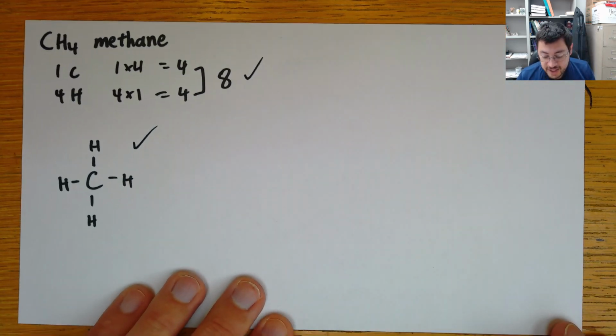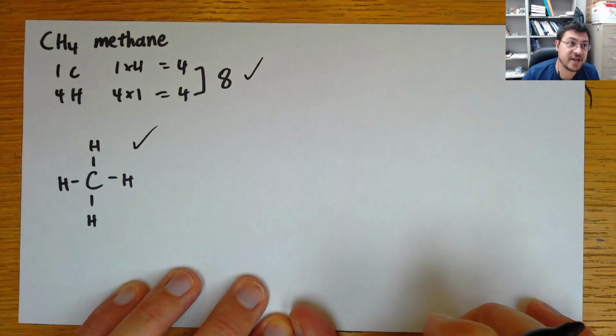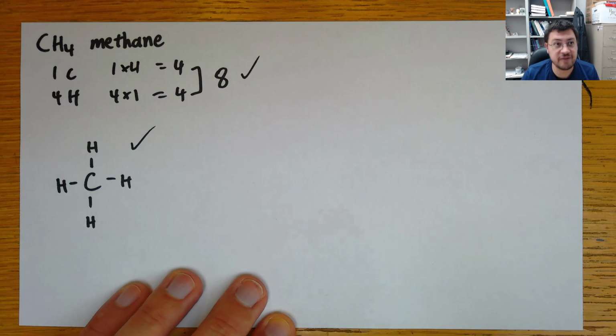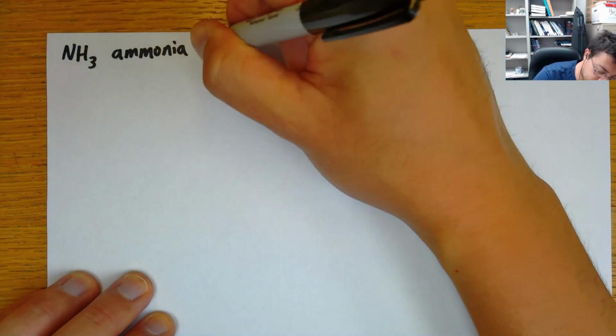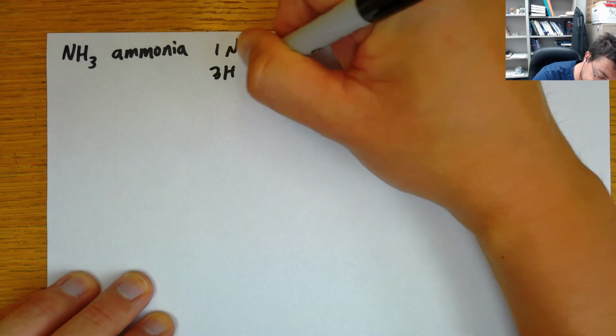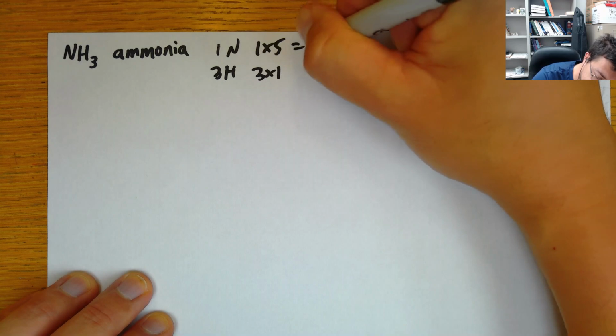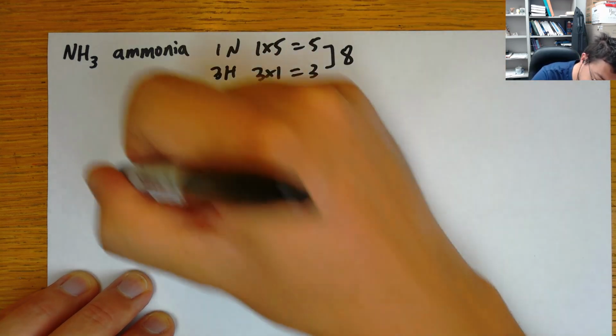On each of these sheets, I'm going to leave some room on the right side of the sheet to do the second half of the video today, which is the geometries. So that's methane. Now let's go to ammonia. 1 nitrogen, 3 hydrogens, 1 times 5, 3 times 1, 5, 3, adds up to 8.